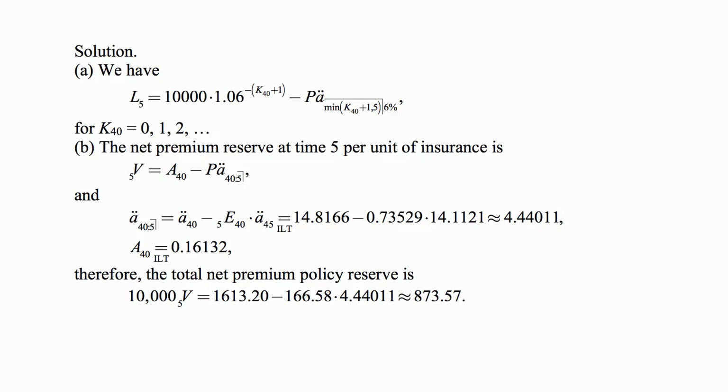For part B, the net premium reserve at time 5 per unit of insurance is the present value of future benefit. Now this is per unit, so that's why you have A40 as a unit benefit, minus P times A double dot 40 colon angle 5.